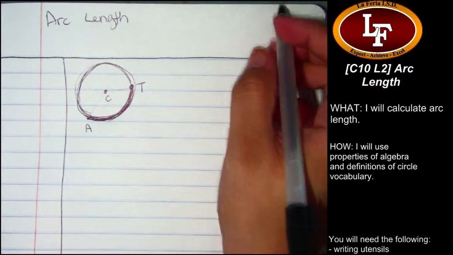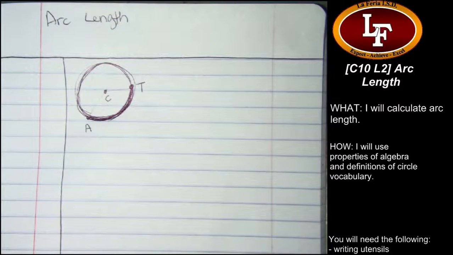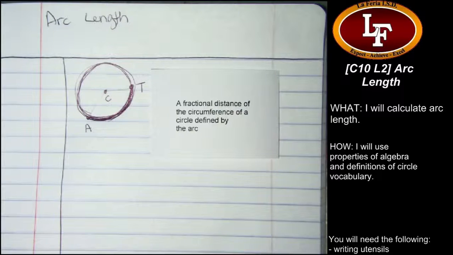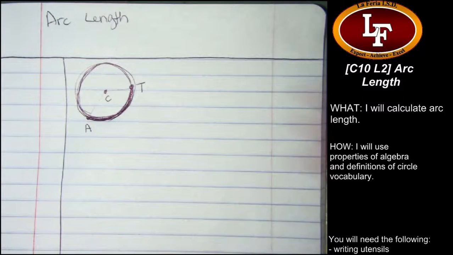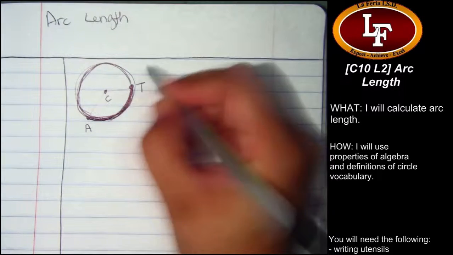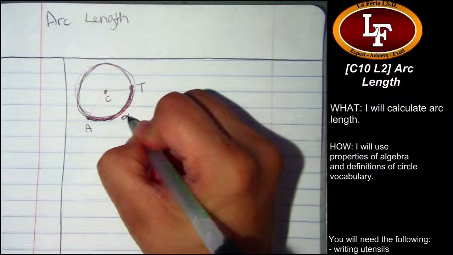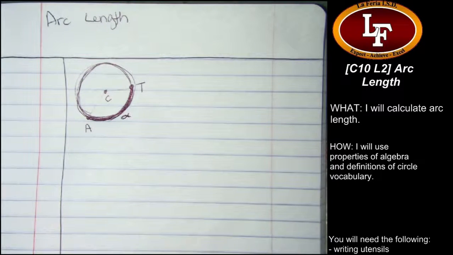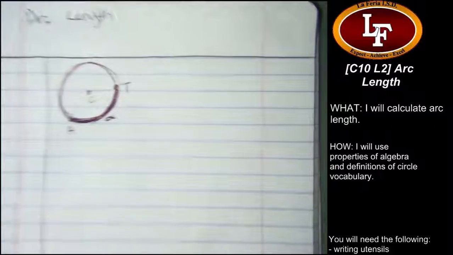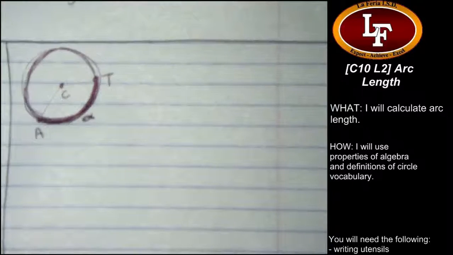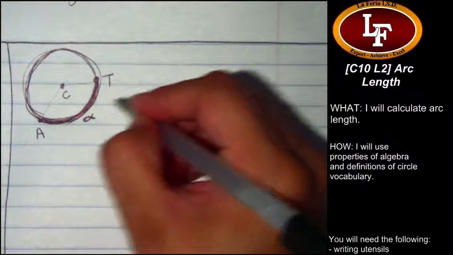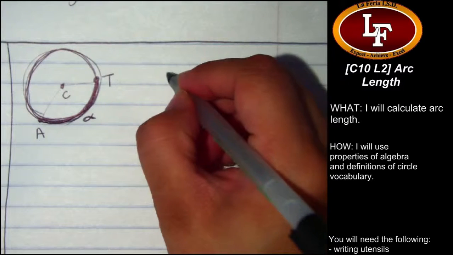So our definition says that it's the fractional distance of the circumference as defined by the arc of the circle. If I call this distance that I have to walk alpha, the symbol we found when doing the definition of arc length, then we need to know a couple of things. And here's that formula that we saw.